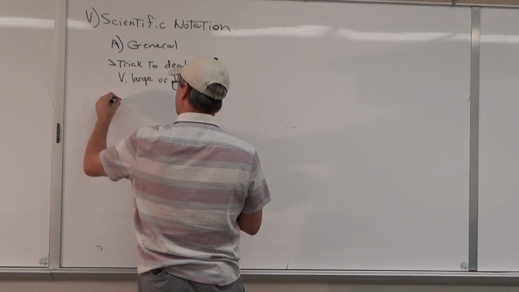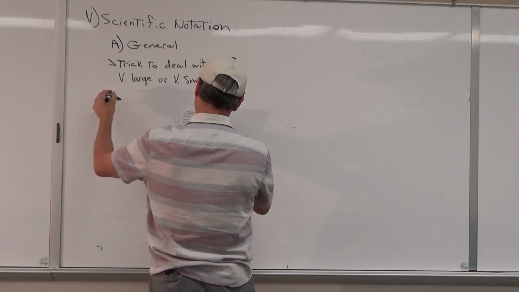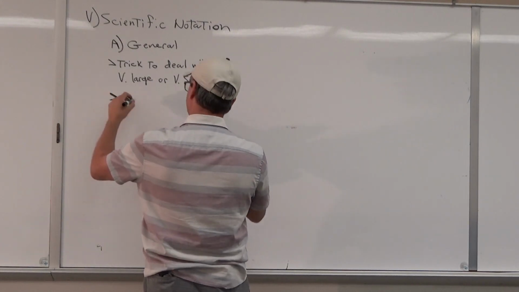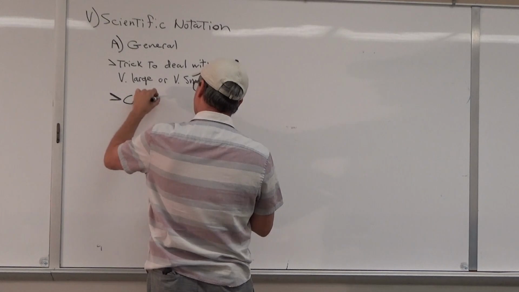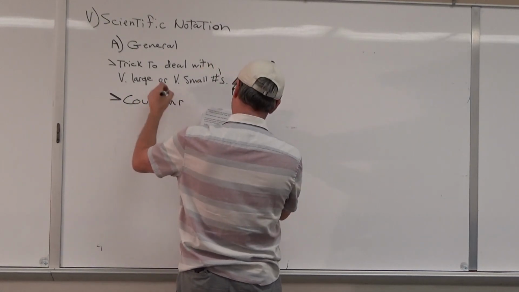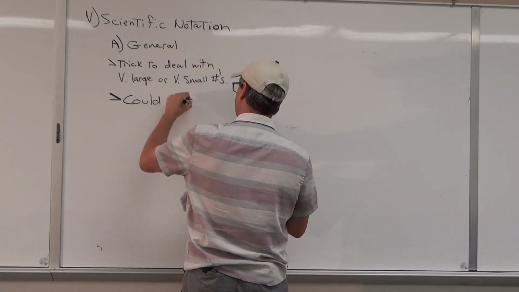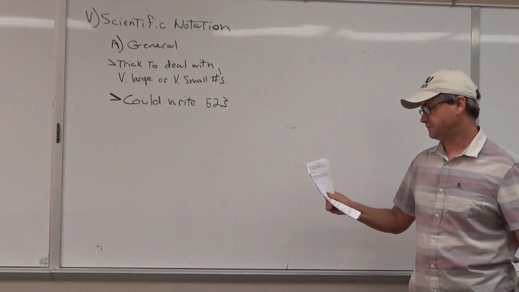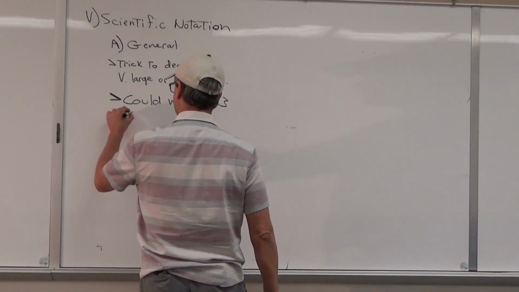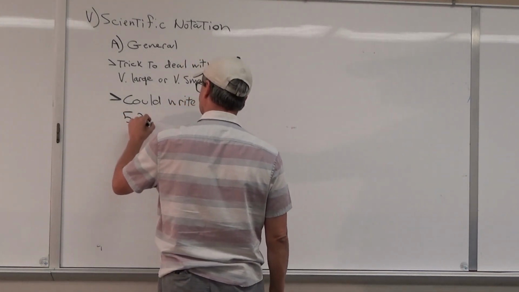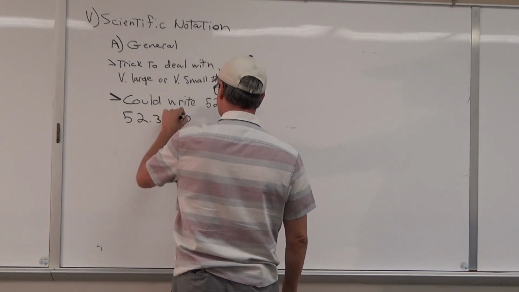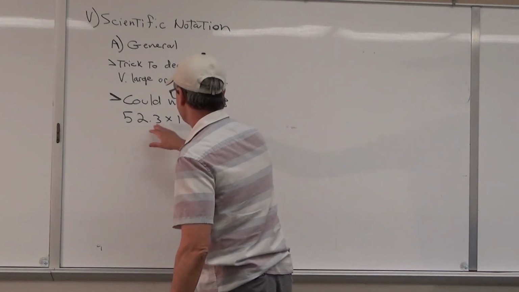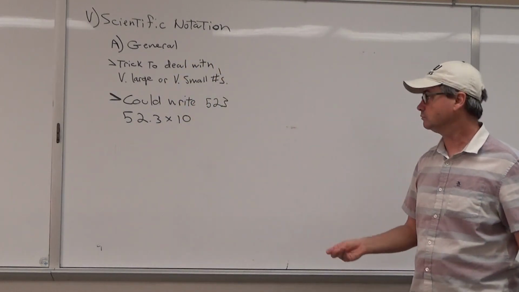Here's sort of an intro to how you achieve this, building it up gradually. If you had the number 523, you could write 523 as 52.3 times 10. Those are equivalent, right? Those equal each other. Anytime you multiply by 10, you just move the decimal place 1 place to the right.